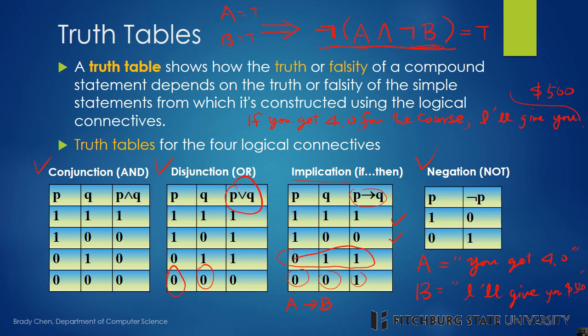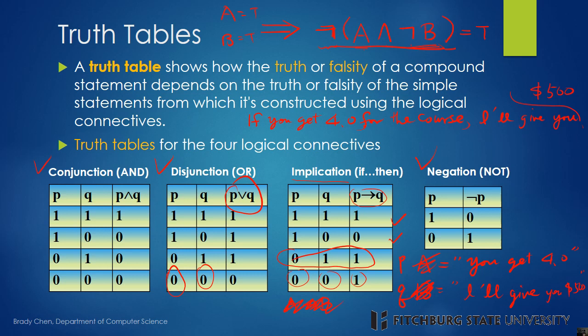Now, to make it simple, let's say P instead of A, because I want to be consistent with this truth table.